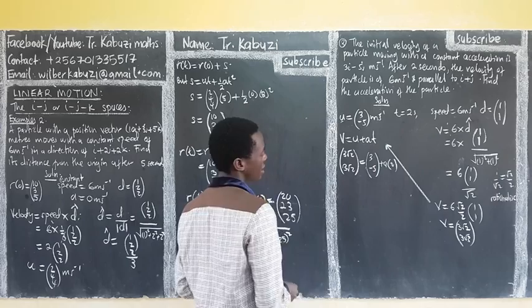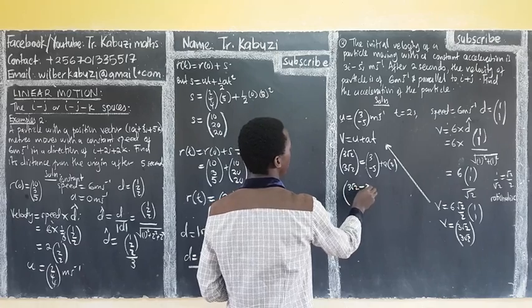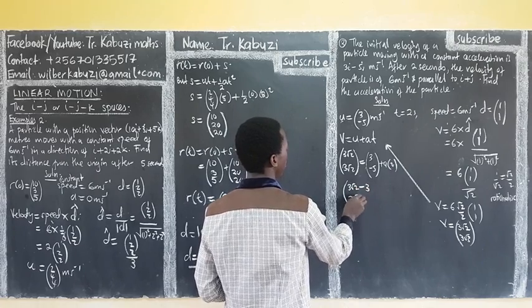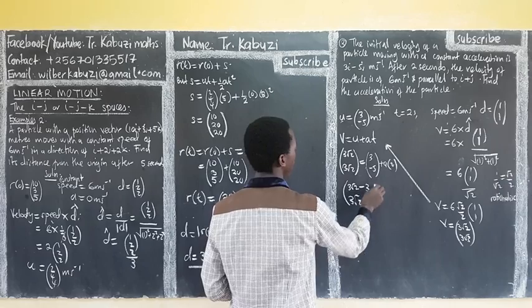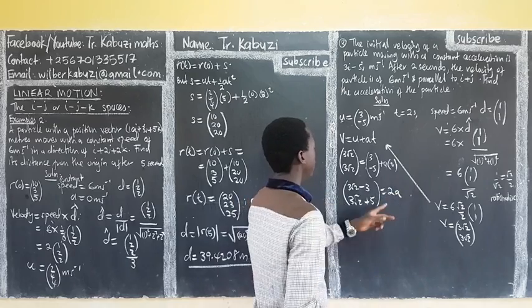And take these ones this side, they shall be subtracted: 3 root 2 minus 3, and 3 root 2 plus 5, equal to 2a, divided through by 2.